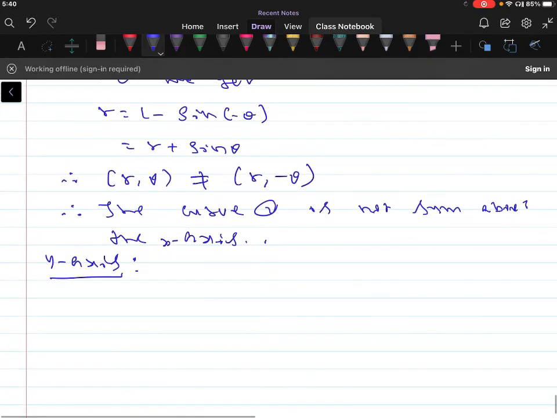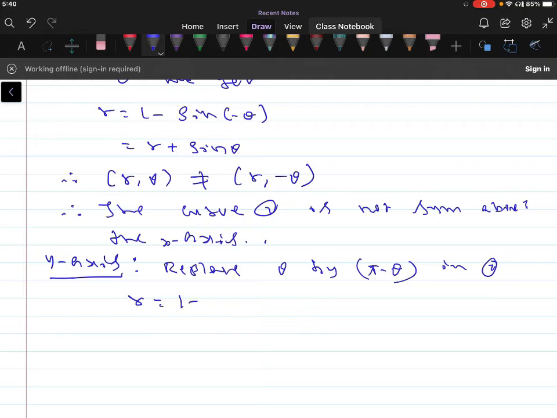Now let us replace theta by pi minus theta in equation 1. We get r is equal to 1 minus sine of pi minus theta, which is equal to 1 minus sine theta.